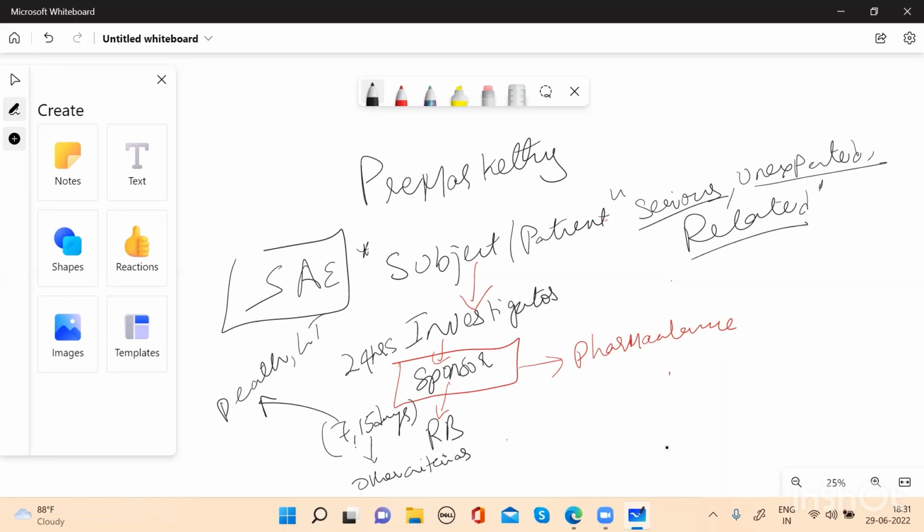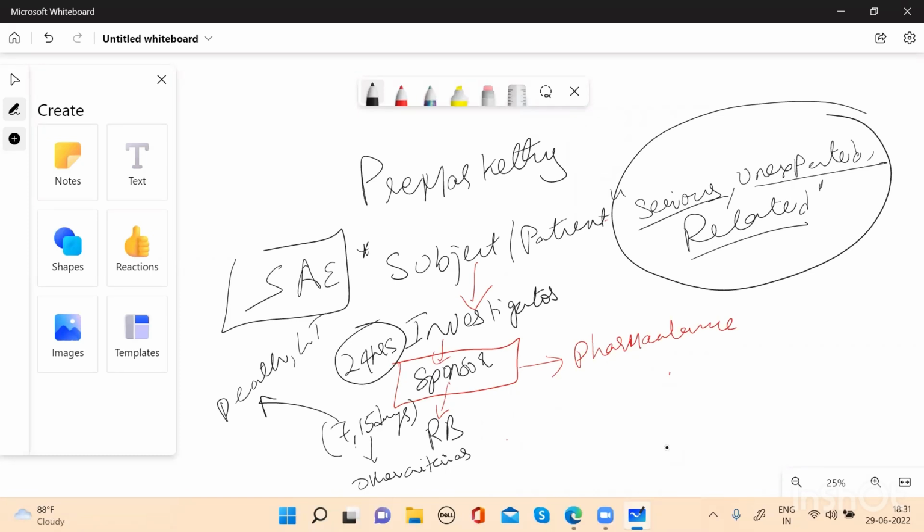I'll repeat it. What has to be reported? Serious, unexpected, and related cases. The subject will report to the investigator. The investigator will report to the sponsor within 24 hours and cannot delay this. These timelines are also asked in interviews. Then the sponsor to the regulatory body: if it is serious, unexpected, and related, and it is death or life-threatening, it is reported within 7 days.